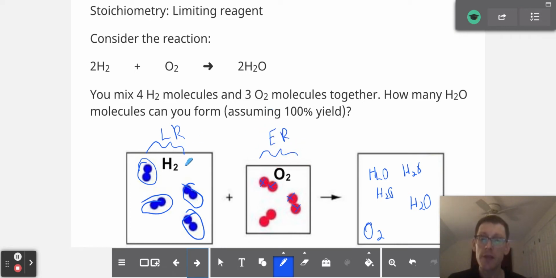Limiting reagent is what limits the amount of product you get, meaning that it completely runs out. The excess is what does not limit what you end up with. It's something that there's still a little bit left over when you're done with the reaction. So in this particular case, we had a limiting amount of hydrogen and we had an excess of oxygen.